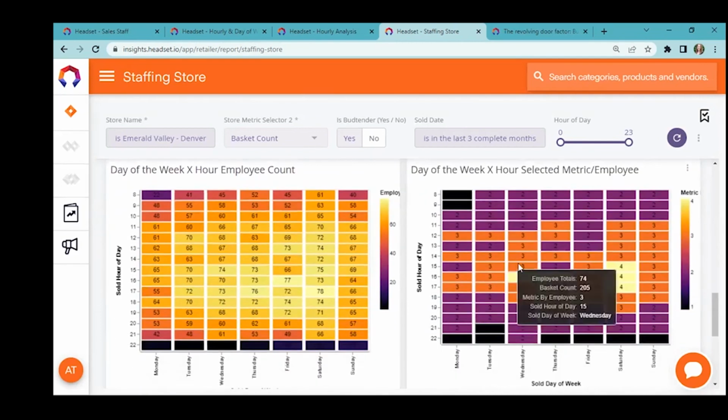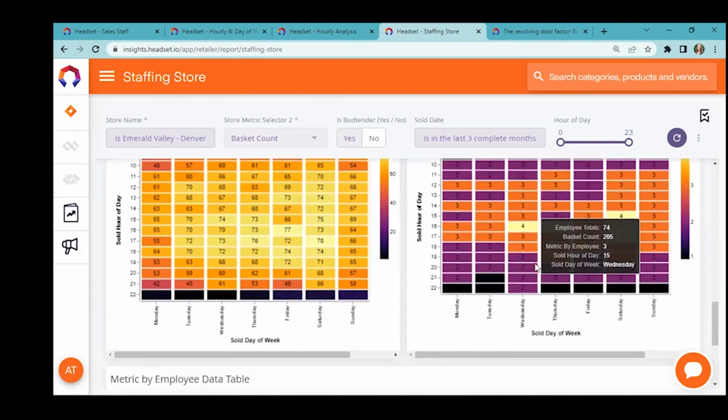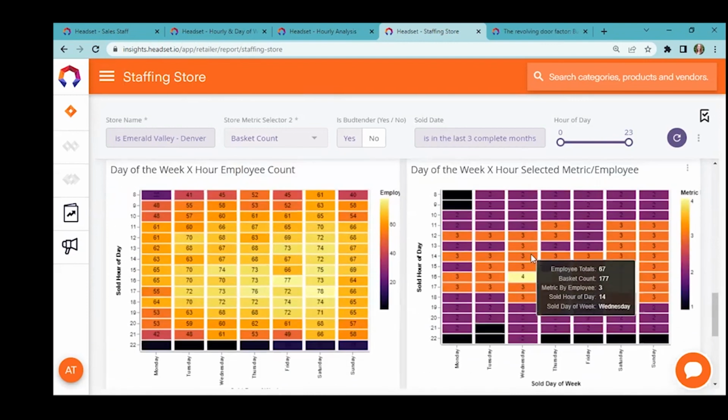It can get pretty granular there, but it'll give you a good idea of what your basket count looks like, or if you're looking at revenue, what that looks like, and what your employees are currently handling. You can then assess if it's maybe too much or too little, and if you could readjust your schedule from there.